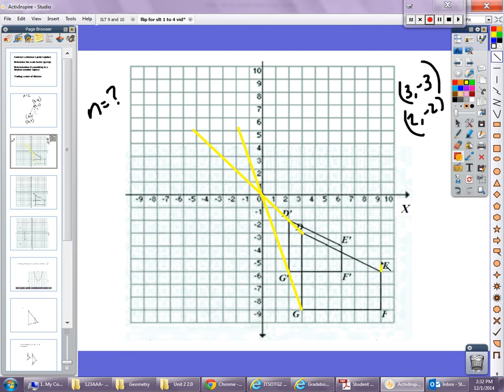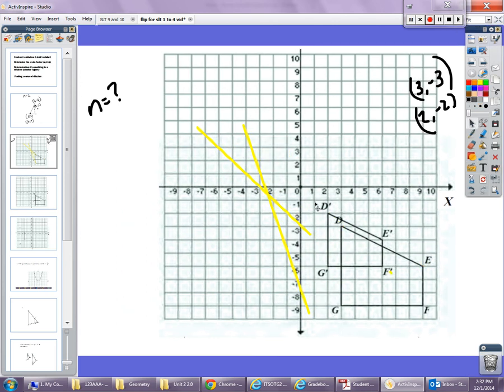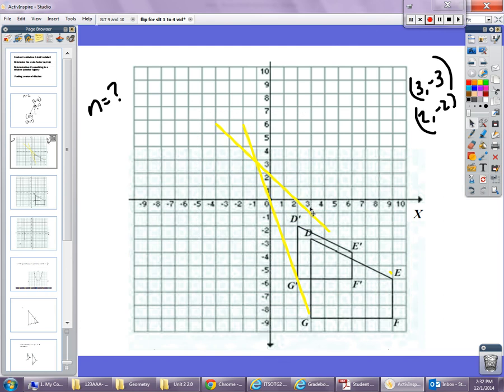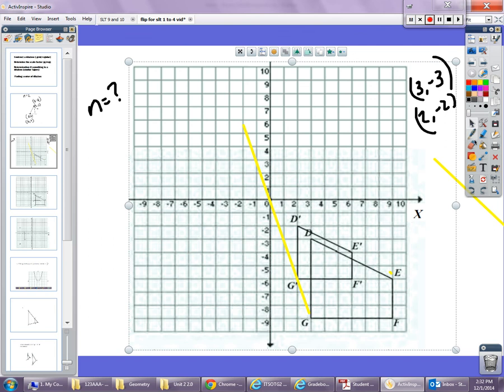And every time I connect these, it looks like it goes through 0, 0. So now we know that 0, 0 is our center of dilation. I'm going to leave one of those lines in.